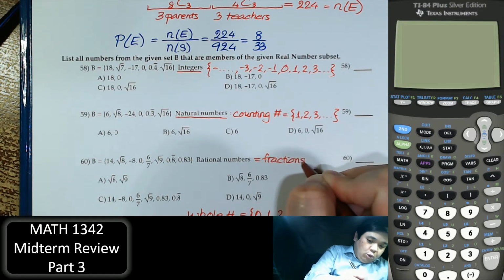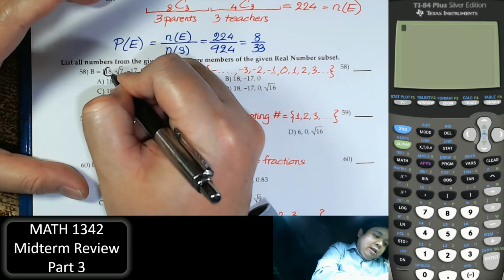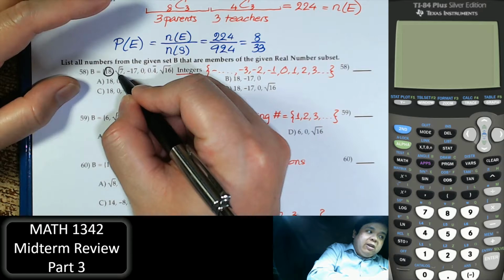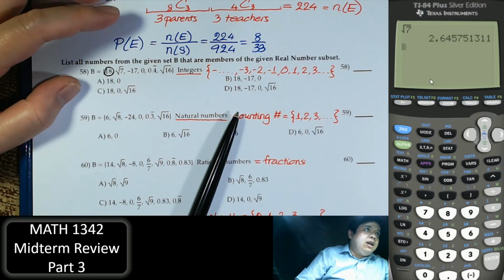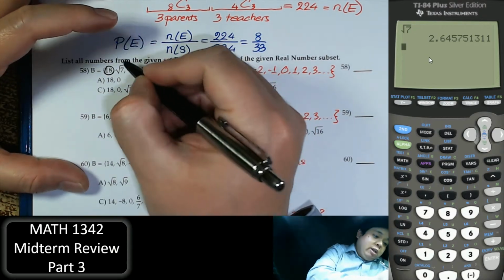We'll see. First, integers: the 18 is an integer. Square root of 7 is not. Square root of 7 is a non-repeating, non-terminating decimal, so square root of 7 is irrational.